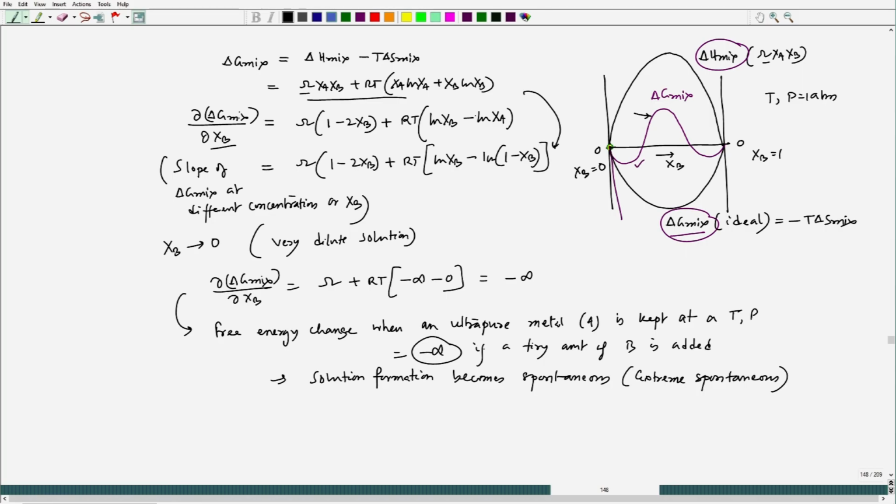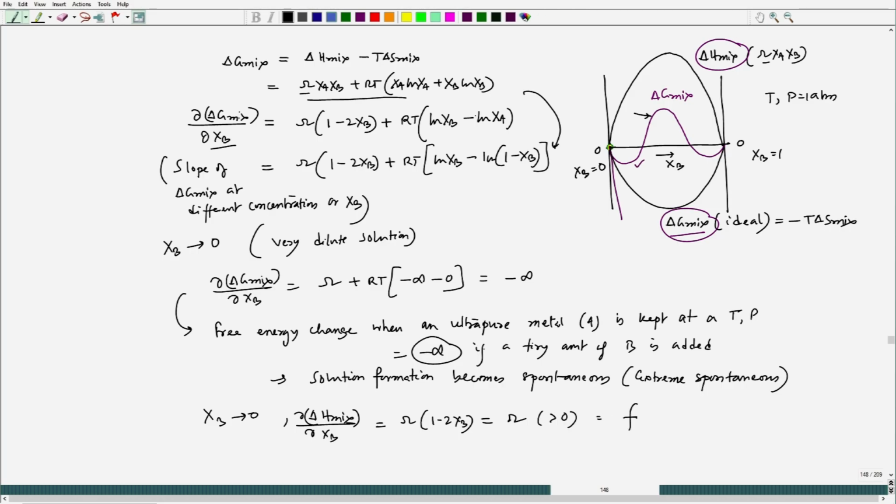Now, one must be wondering that here delta Hmix is very high. But if I look at when Xb tends to 0, what will be the slope of delta Hmix with respect to Xb? That slope is equal to omega, and omega is definitely a positive quantity, but it has a finite value.